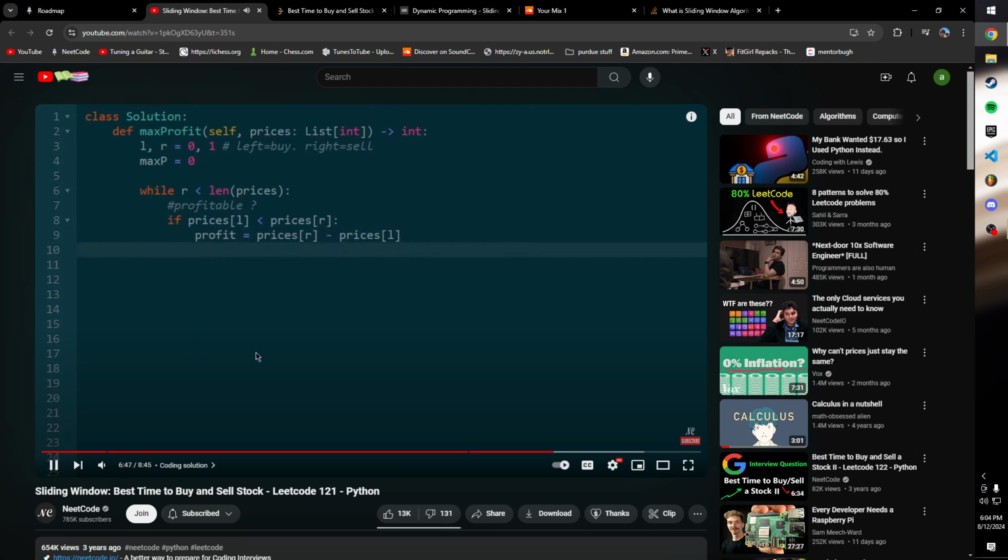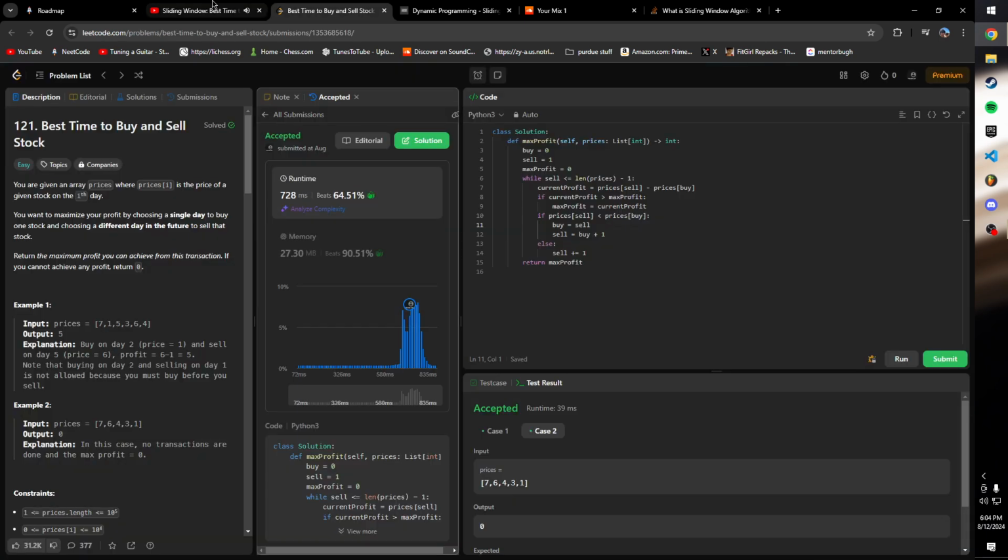And now we can potentially update our max profit, but we don't know for sure. So we're going to check the maximum of the current max profit as well as the profit that we just computed. So whatever the max is going to be assigned to the new max profit.